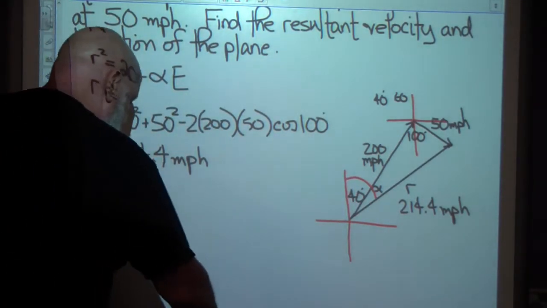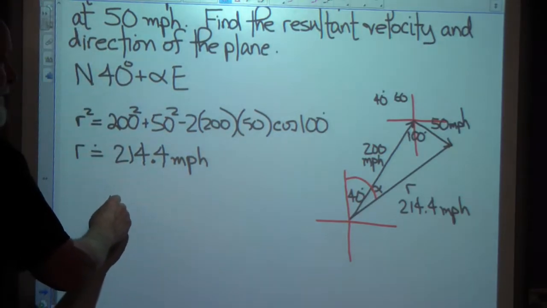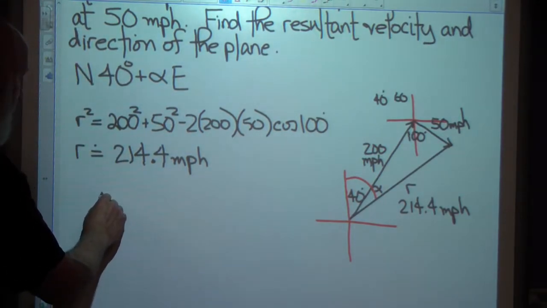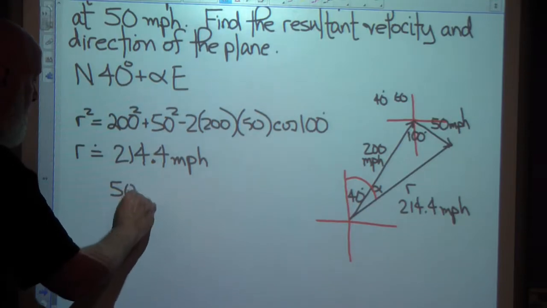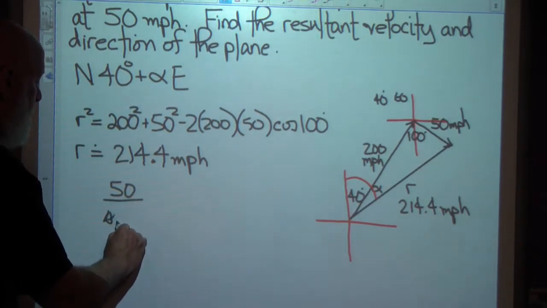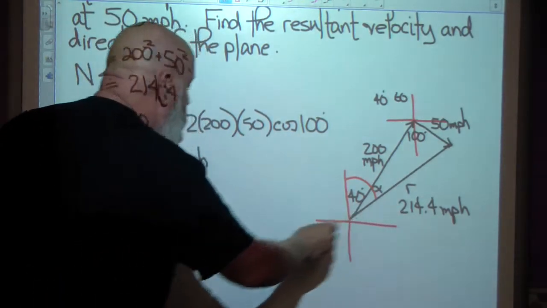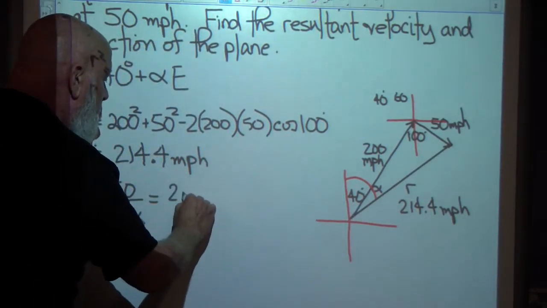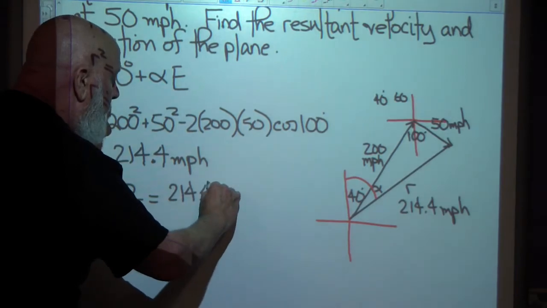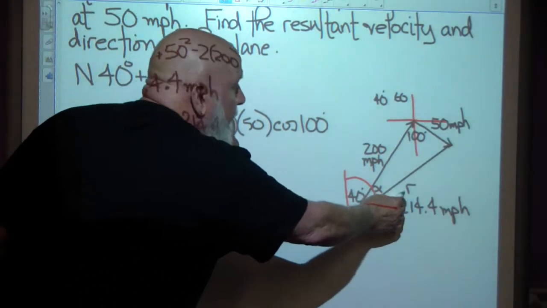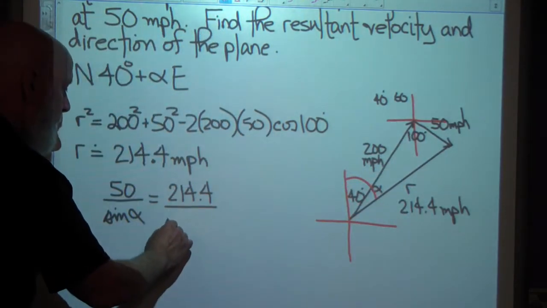So here we go. 50 over sine alpha is equal to 214, this is an approximation, over the sine of 100.